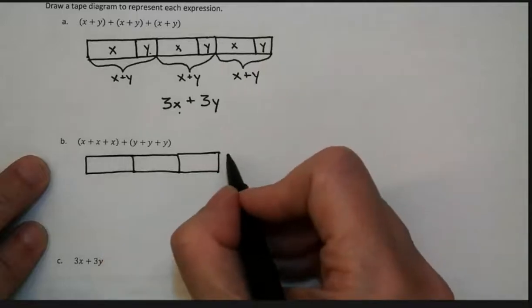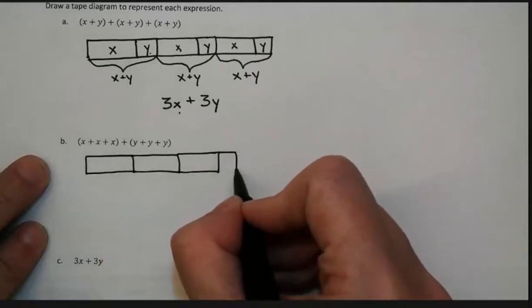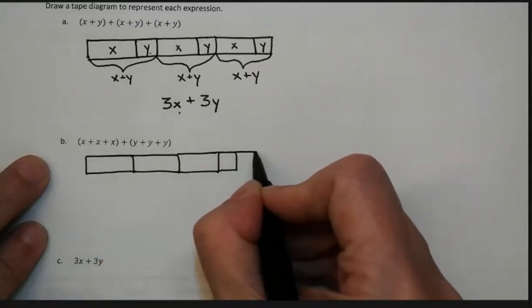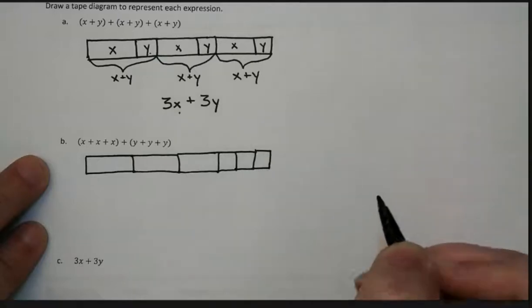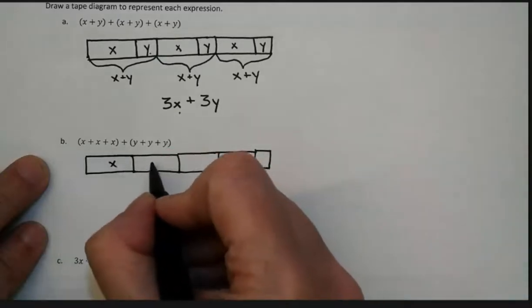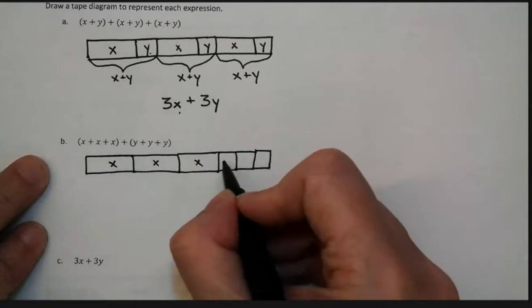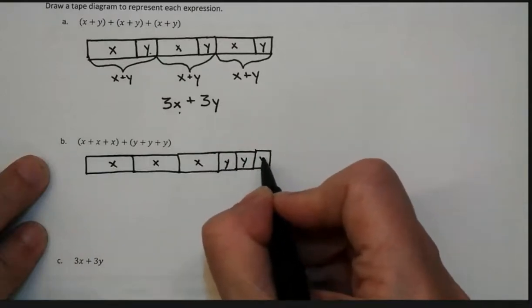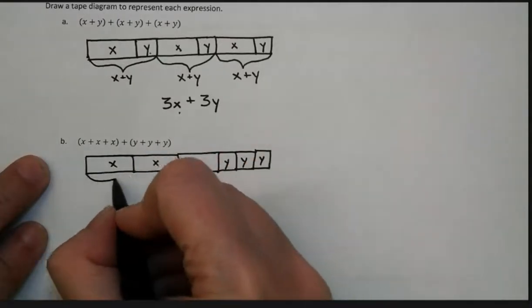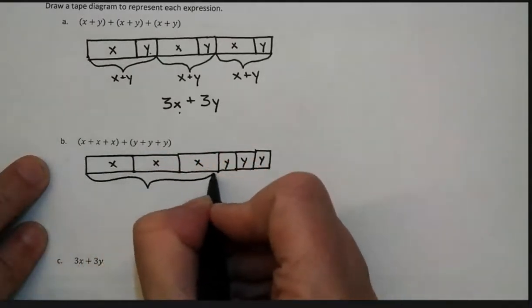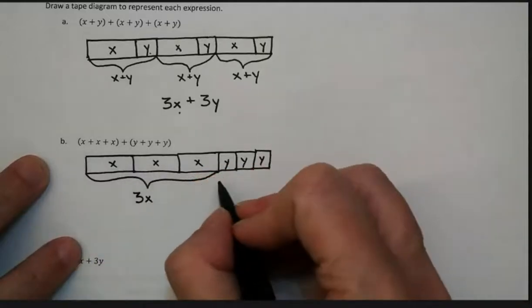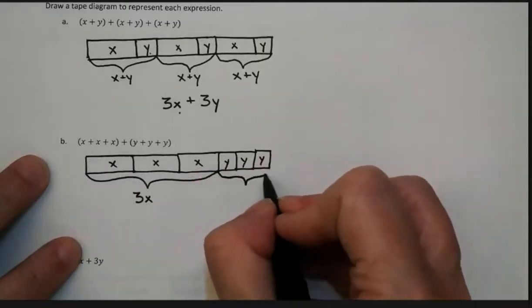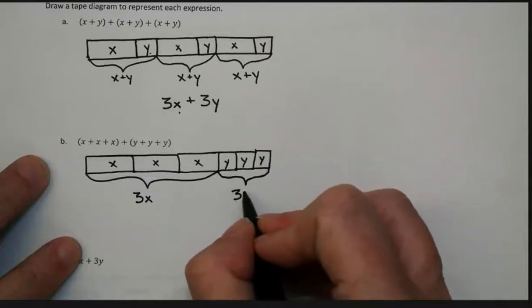And then I'm adding that to y plus y plus y. So I have x, x, and x, y, y, and y. So this ended up being 3 x's, and this is 3 y's.